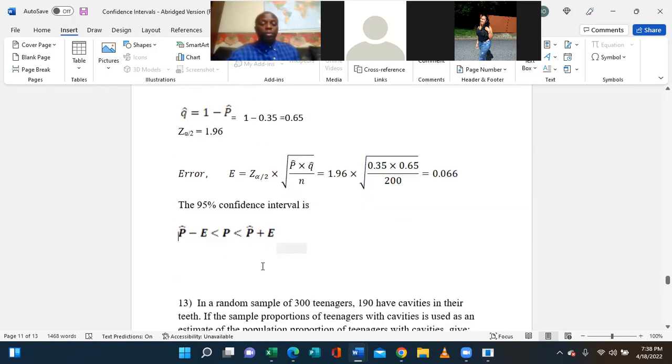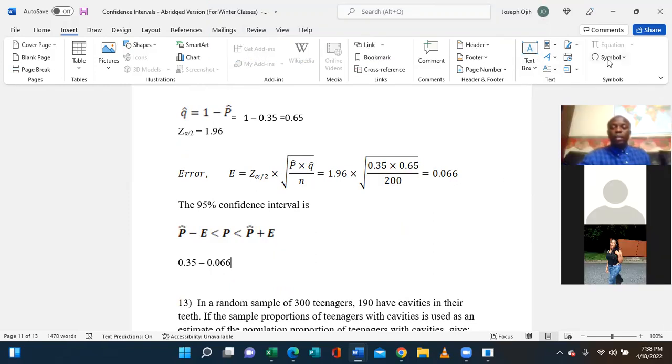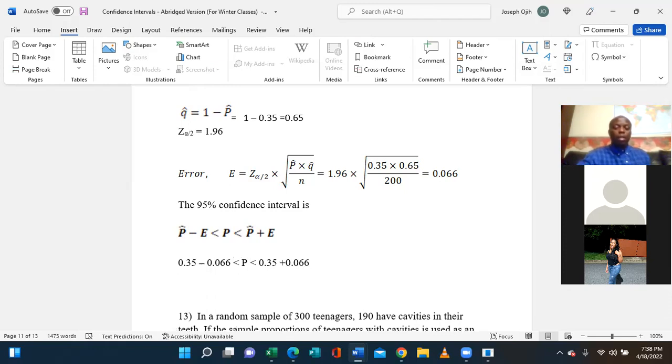P hat is 0.35, so you have 0.35 minus the error of 0.066, less than P, less than 0.35 plus 0.066. That will give us the confidence interval.